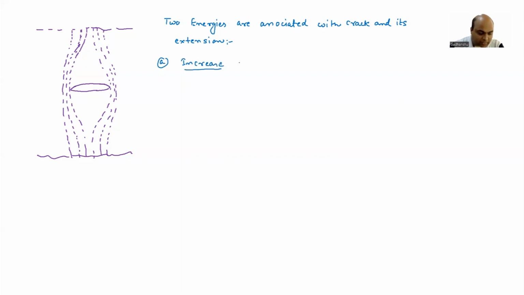This point is important: it's increasing. There is an increase in energy due to the creation of surfaces. So you are forming the crack, and these two surfaces we are talking about. There will be an increase in energy because of the creation of these two surfaces. Since this is increasing the energy of the system, it is in fact restricting the crack advance.